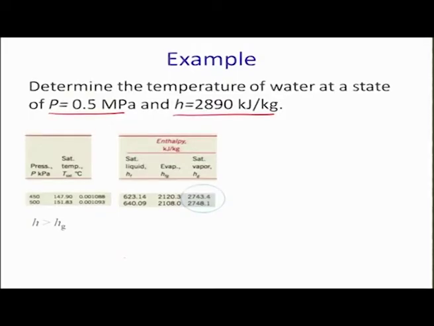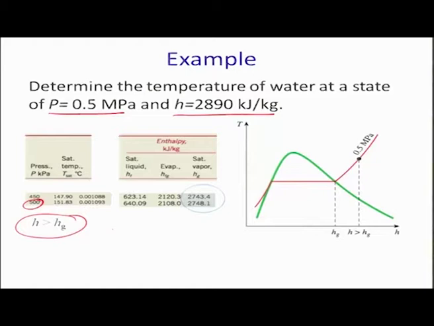The best way is to first use the saturated water pressure table, where we look at the condition 0.5 megapascal, which is 500 kilopascal, and look at the corresponding enthalpy of the vapor. Now, 2890 is certainly more than 2748.1, that is, H is greater than Hg, and thus it is in the superheated vapor condition.